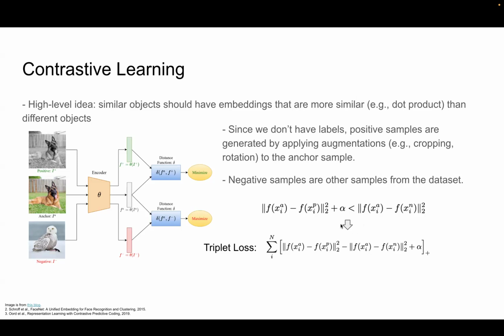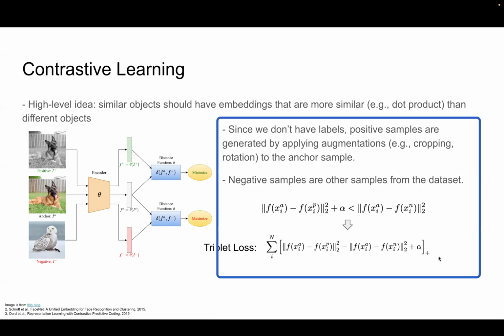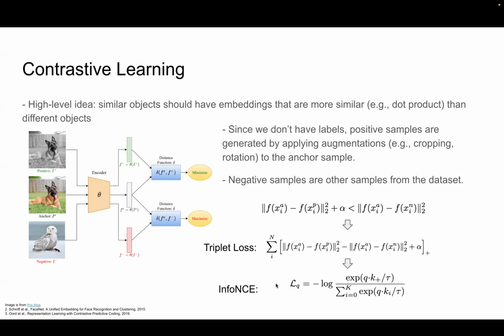And we can rewrite it into a loss function, which is called the triplet loss. And this is also the high-level idea of the InfoNCE loss. So you will try to make the dot product as similar as possible with the positive image compared to all the other images in your current batch or your current data set.